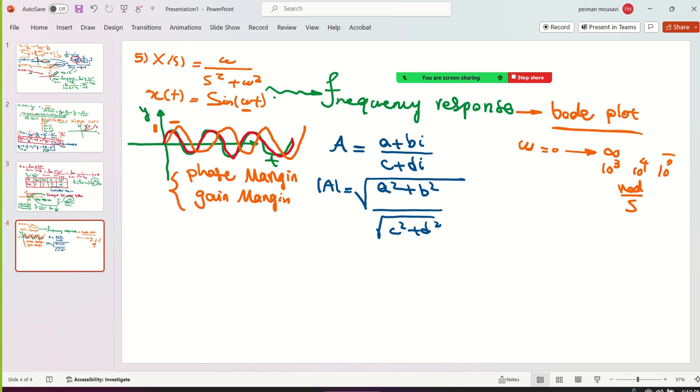Very simple, kindergarten level. And the phase is arctangent of b over a minus arctangent of d over c. You got it? Yes, everybody? These are trivial mathematics.